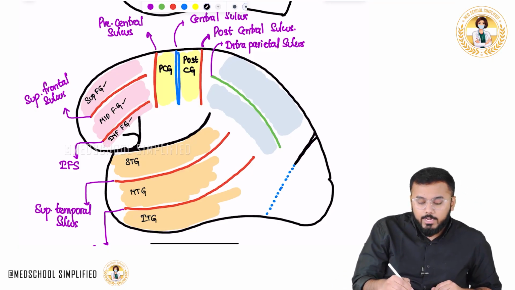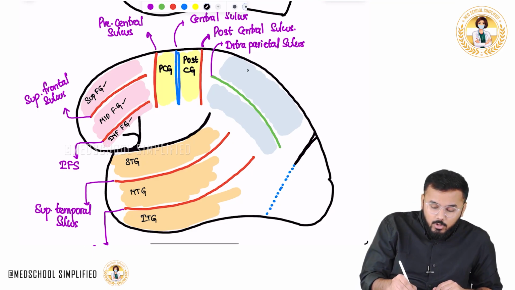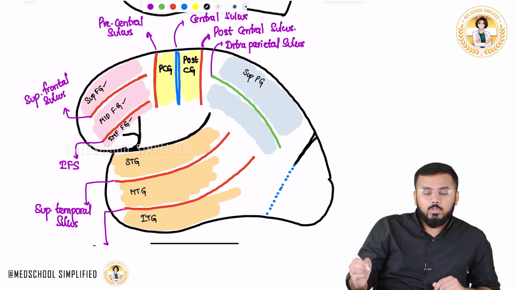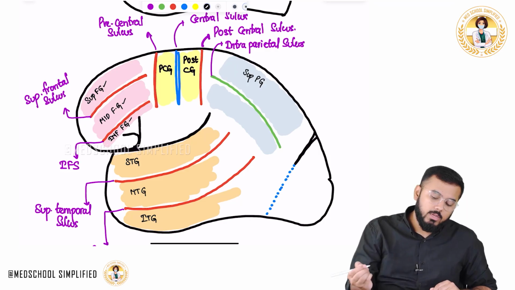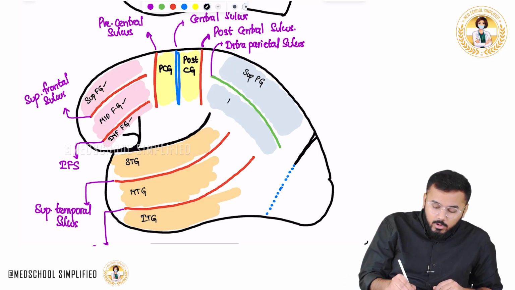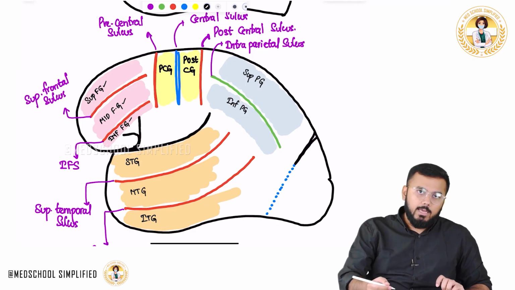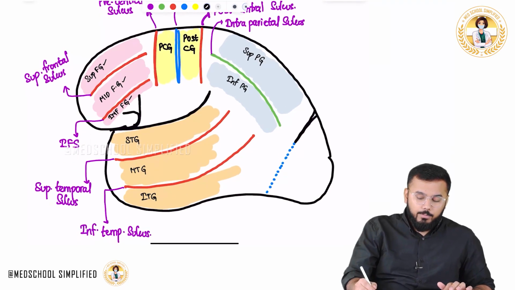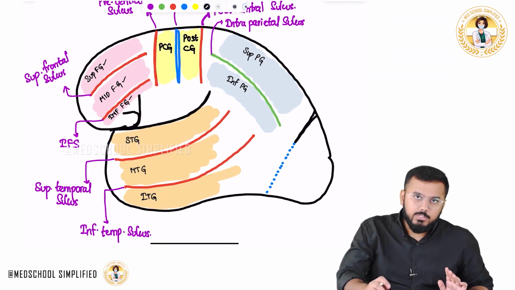One gyrus is located above, in the parietal lobe, so I have to call it the superior parietal gyrus. One gyrus is located below the intraparietal sulcus. I have to call it the inferior parietal gyrus. Superior parietal gyrus, inferior parietal gyrus. Clear? So I hope till here the gyri discussion is done.